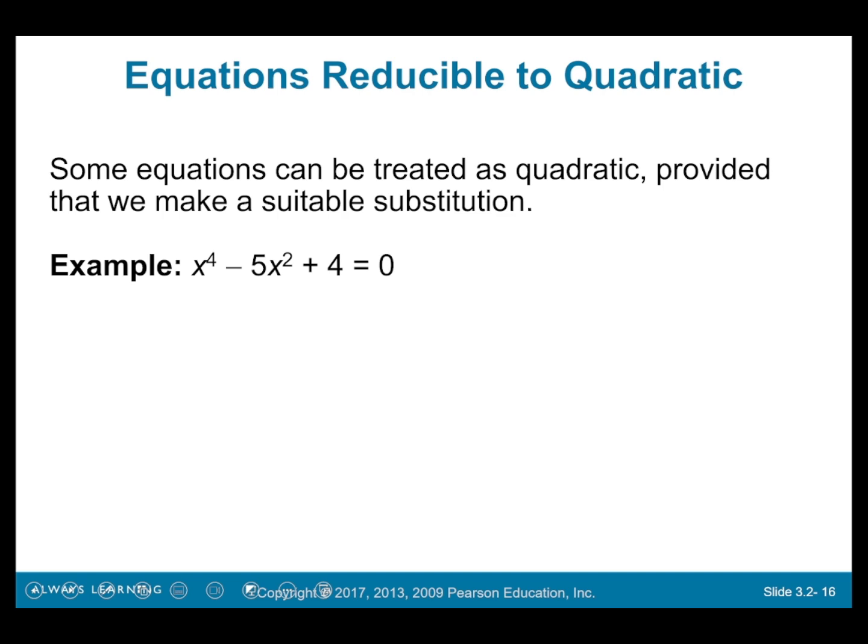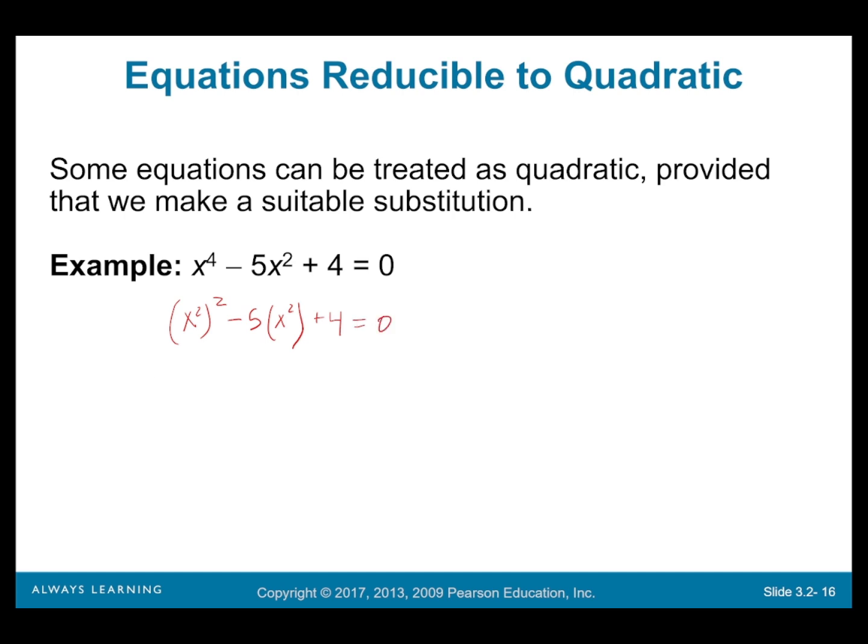Now we can also use equations that are of the same general concept of a quadratic and solve them similar to how we solve quadratics. So what I mean is, if you look at this, we have x to the 4th minus 5x squared plus 4 equals 0. And this is kind of the form if I took this x to the 4th and called it x squared squared minus 5x squared plus 4 equals 0.